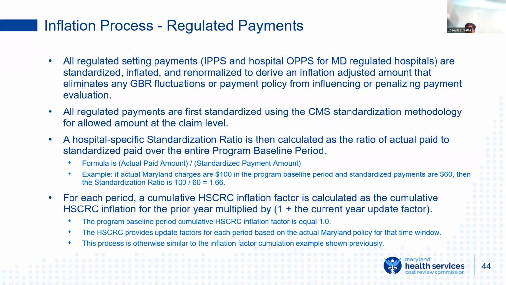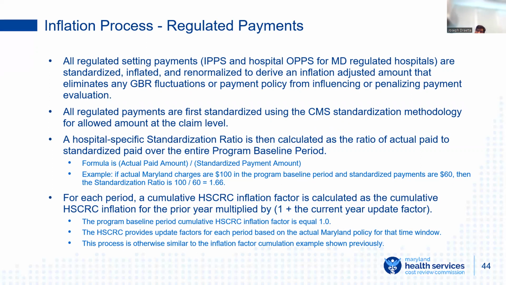We then inflate that standardized amount using the HSCRC inflation schedule, and then apply a standardization ratio to bring those dollars back into line with the real total GBR payments for a given period. The standardization ratio is just equal to the actual paid amount divided by that standardized amount that we get.